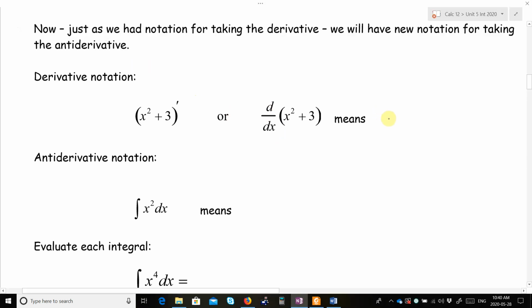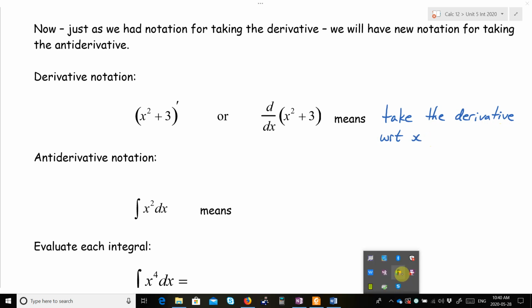And what that means is take the derivative with respect to x.